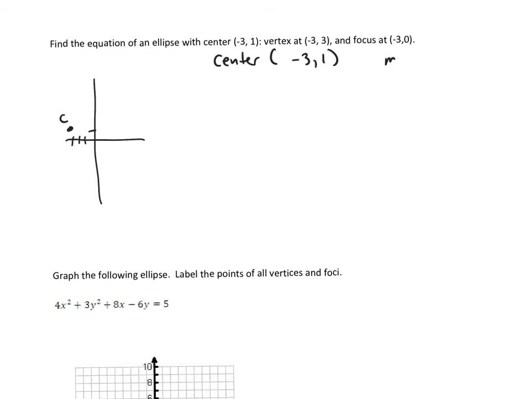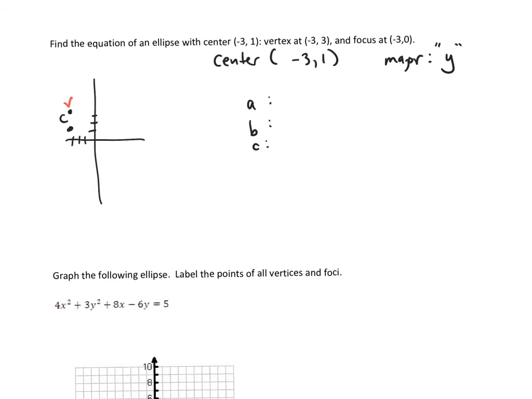And then I'm going to try to figure out which one is my major axis, and then figure out what A, B, and C are. Really I only need A and B, I don't need to know C, but we'll see if it's given to us. So we have a vertex at negative 3, 3. So here is a vertex. Right away, since the vertex is above the center, I know the major axis is the y-axis.